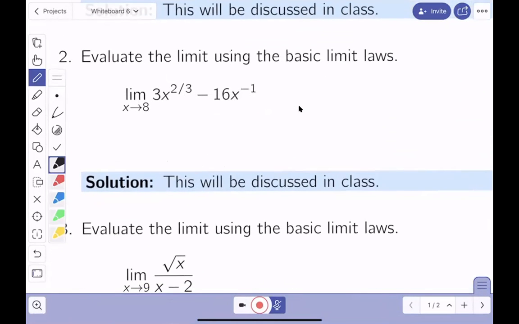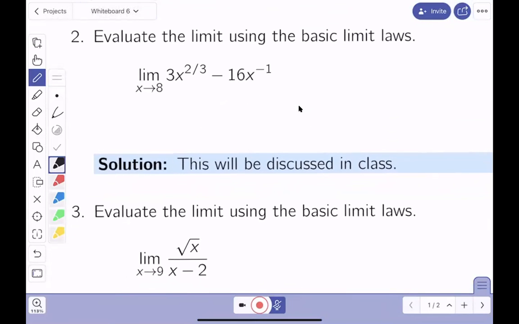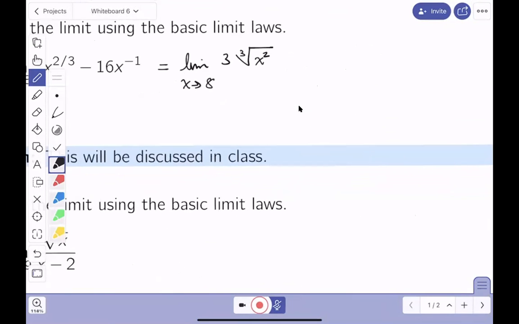Let's go to the next one. More difficult because they're roots. All right, let me write this over here. So this is going to be the limit as x approaches 8. I'm going to write this a little differently though: 3 cube root of x squared, minus 16 over x.